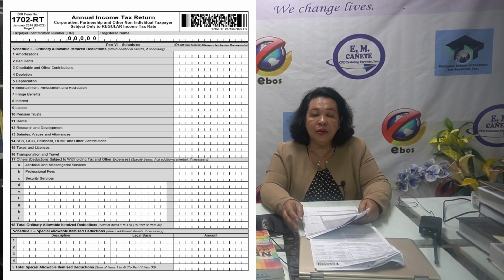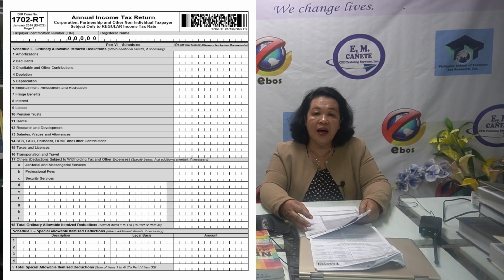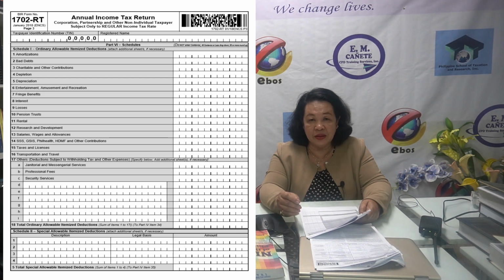So what the lessee will do is deduct the 5% from the payment for the rent, remit that to the BIR, and pay only 95% of the rent to the lessor, the owner of the facilities or building. The other 5% is covered by the certificate, the BIR Form 2307, which the lessor, when filing its income tax return, can also claim as advance payment of taxes for the 5% withholding tax on rental.